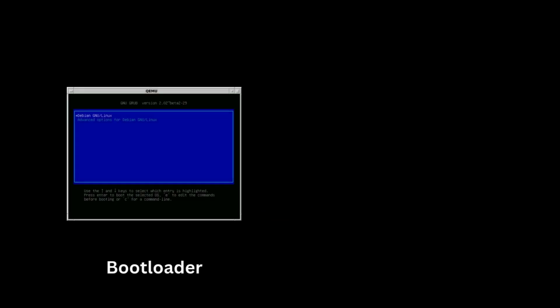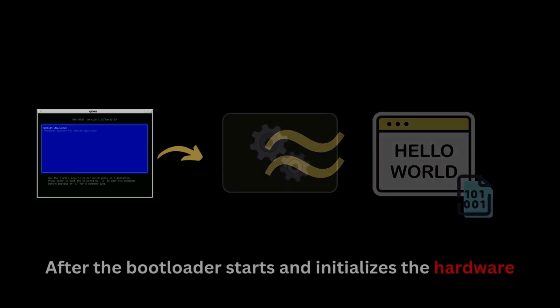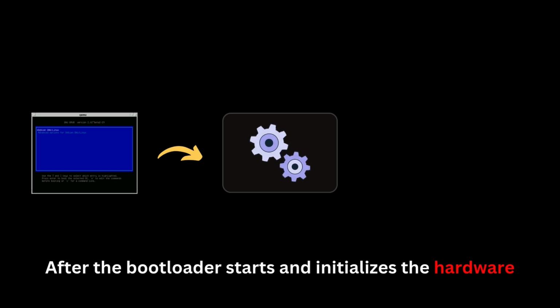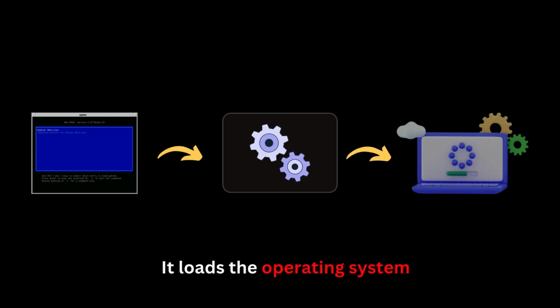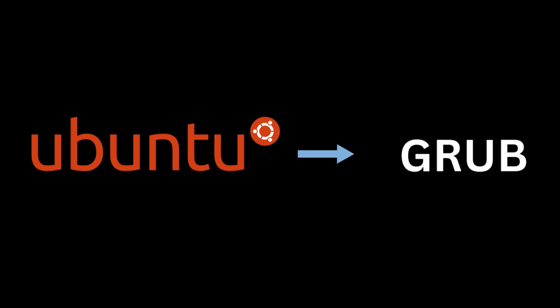It's a small piece of software similar to the Hello World binary or MCU firmware. After the bootloader starts and initializes the hardware, it loads the operating system. For embedded systems, a common bootloader is U-boot, while for Ubuntu Linux, the default bootloader is GRUB, Grand Unified Bootloader.